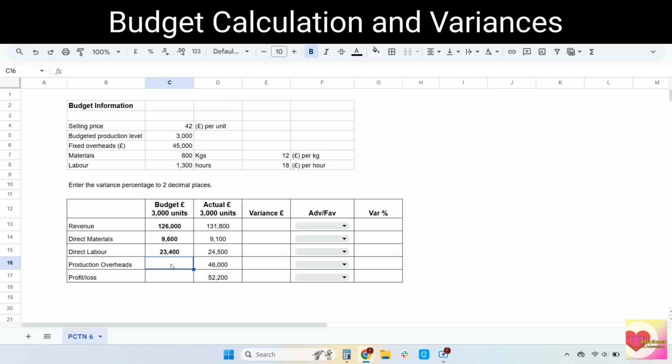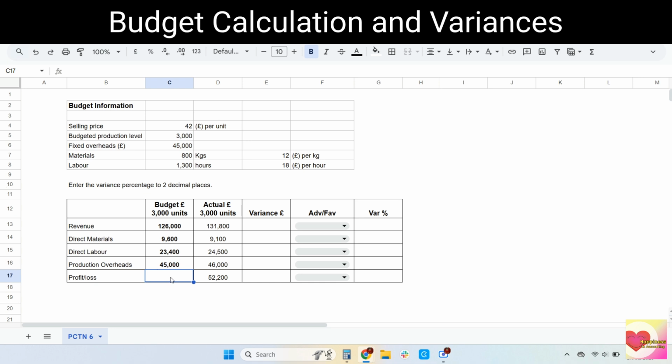Next, the production overheads. We can see in the budget information, the fixed overheads is 45,000 and it says here pounds. So this is the total amount of the budget for production overheads.